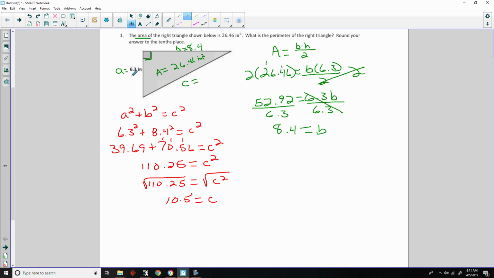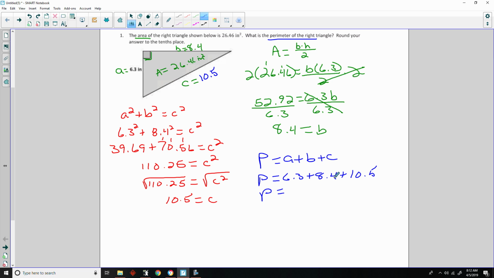Okay, so we have 6.3, 8.4, and 10.5. Now we have to go back. What is the question asking us to find? Right, what is the perimeter rounded to the nearest tenth? Well, perimeter is distance around. So perimeter equals A plus B plus C. So the perimeter equals 6.3 plus B, which is 8.4, plus C, which we found to be 10.5.